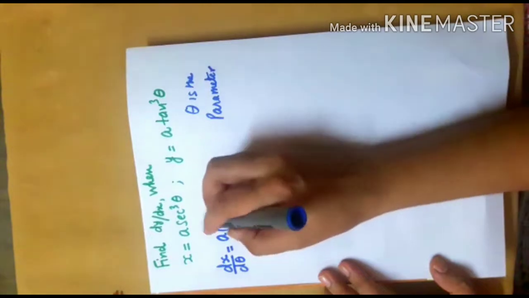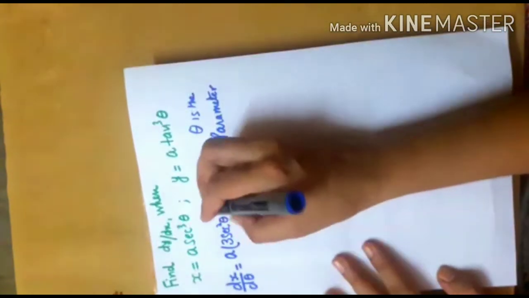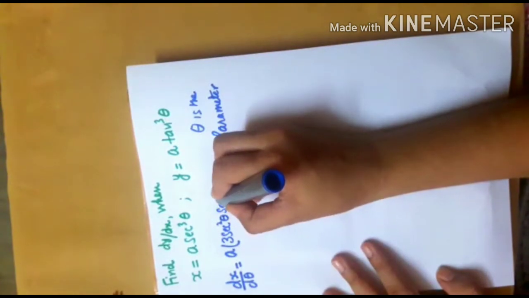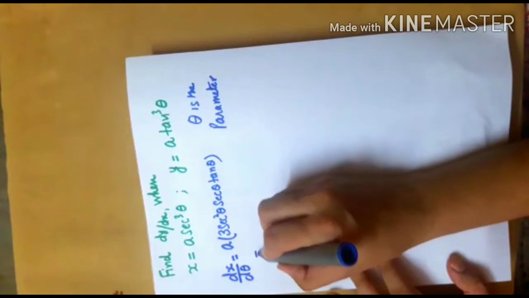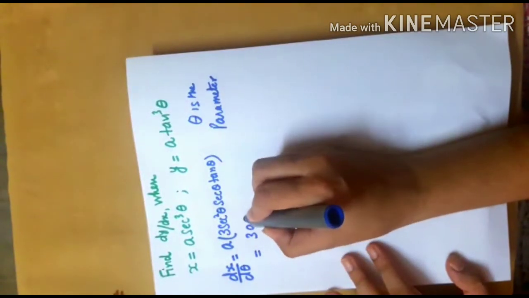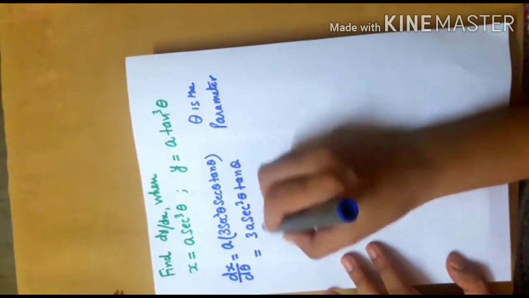So derivative of secant cube theta will be 3 secant square theta, and by chain rule the derivative of secant theta will be secant theta tan theta. So this will be 3a secant cube theta tan theta.